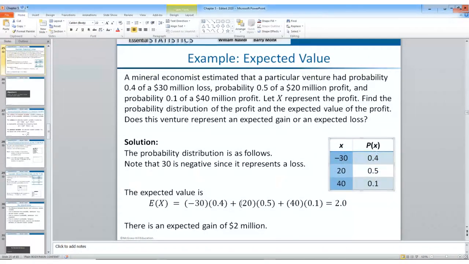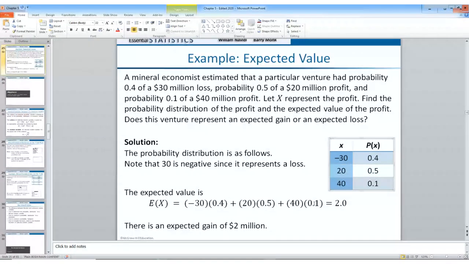So the negative 30 times 0.4, which comes out to negative 12.